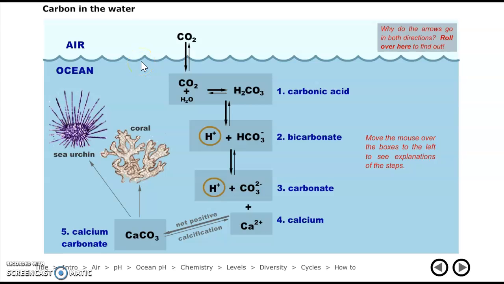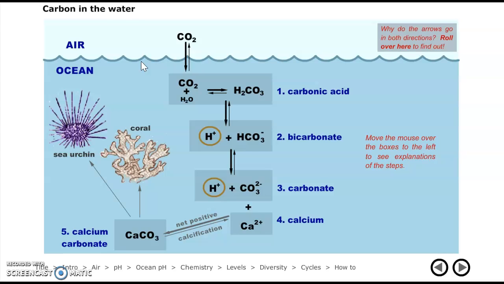So this is a physical process that we just talked about, but it reaches equilibrium. And we actually talked about this when we talked about the feedback systems for global warming as well, because when there's more carbon dioxide in the air, there's going to end up being more in the ocean. So that can help to reduce the amount of carbon dioxide in the air.